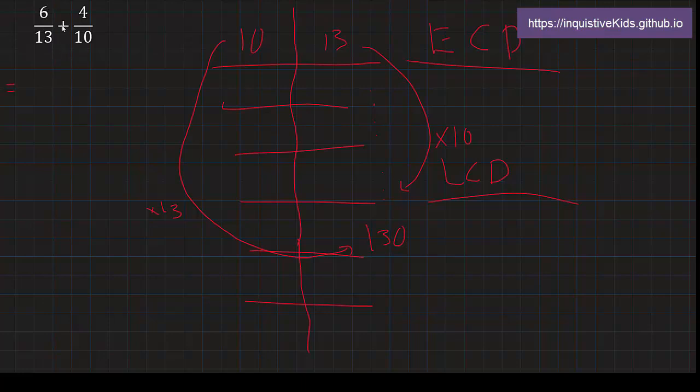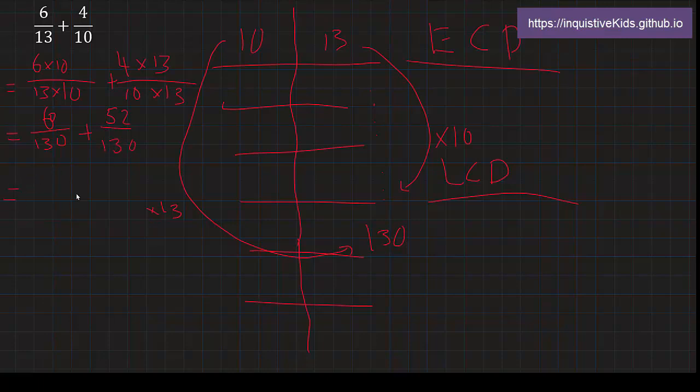We multiply both the numerator and denominator by 10. So that would be 6 times 10 over 13 times 10 plus 4 times 13 over 10 times 13. We simplify, which becomes 60 over 130 plus 52 over 130.